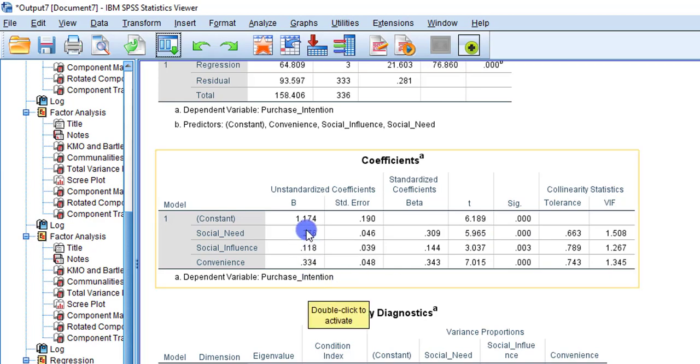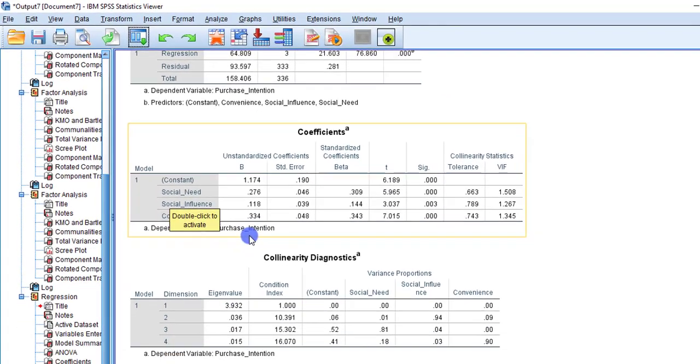Why am I saying positive and significant? Because there is no negative sign, so we assume that there is a positive impact, and it is significant because the significance level is lesser than 0.05, and whenever the significance level is less than 0.05 we conclude it as significant. So we have a positive and significant impact of social need on purchase intention.